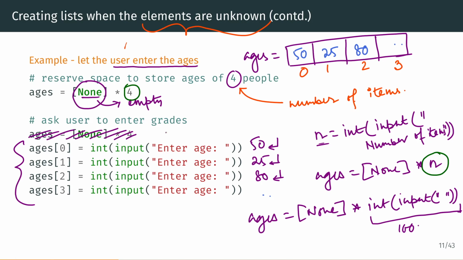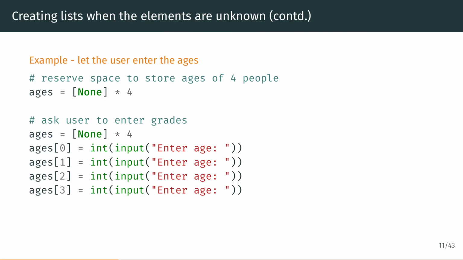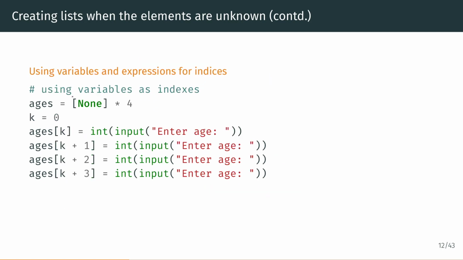Now, some of you might have noticed that in this piece of code right here, there is a lot of repetition. The only thing that changes between these four statements is this thing right here. So you might have figured out that this can be done in a loop. And we already know that the indices can be variables as well.